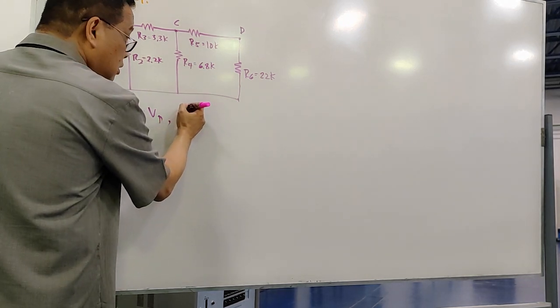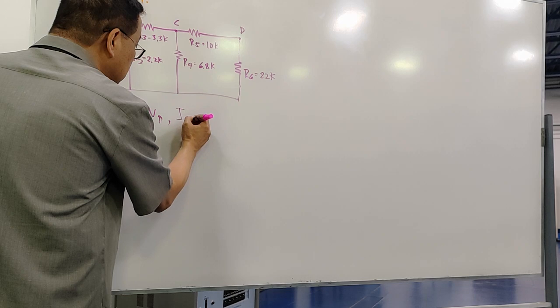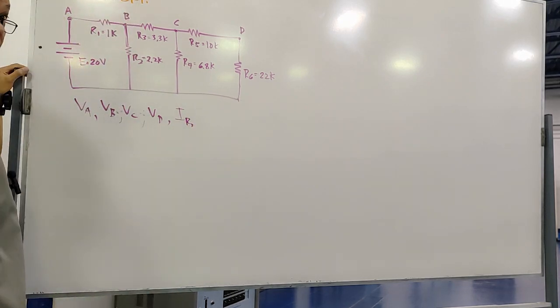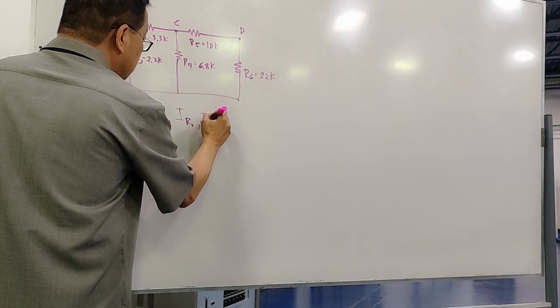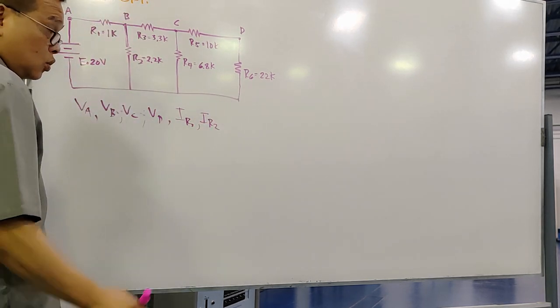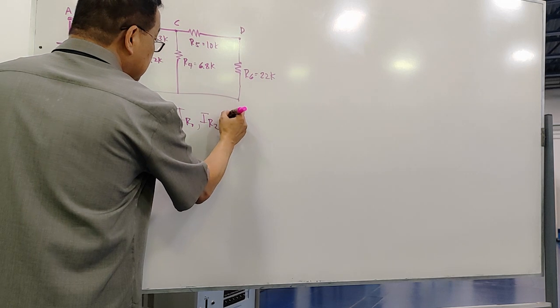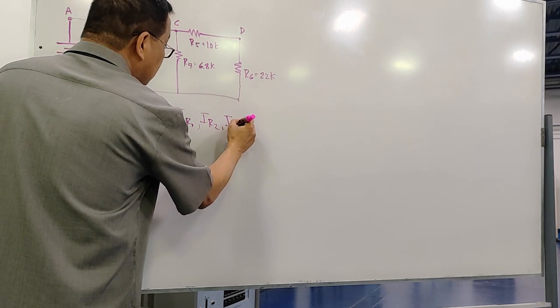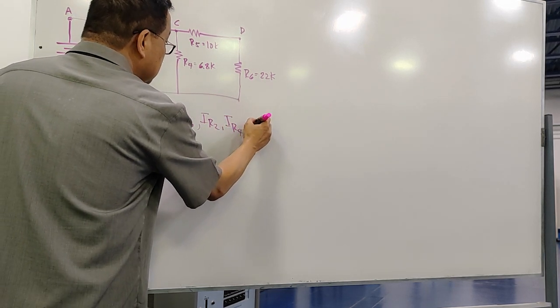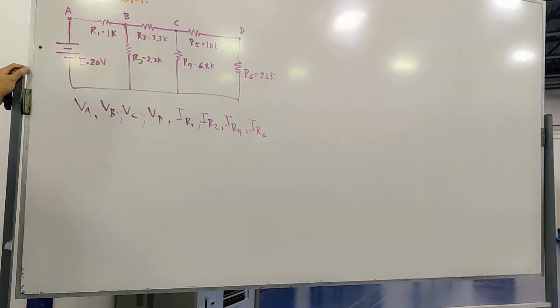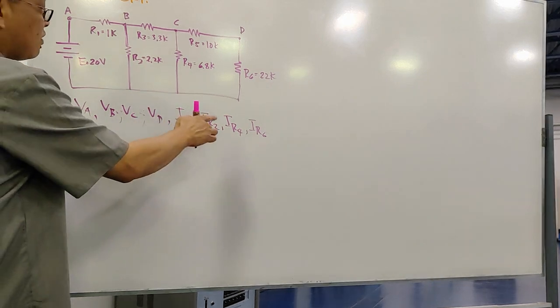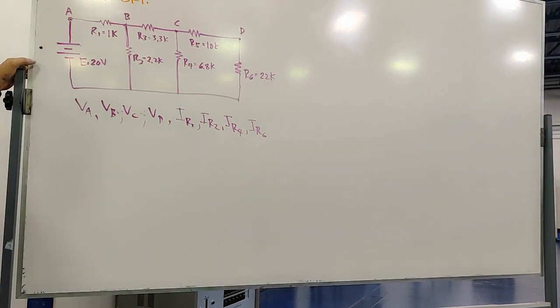The current through R1, let's call it IR1, the current through R2, the current through R4, and the last one, the current through R6. So we have 8 data we need to measure.